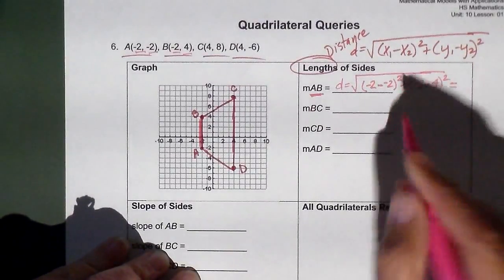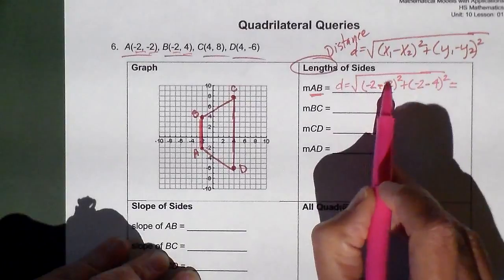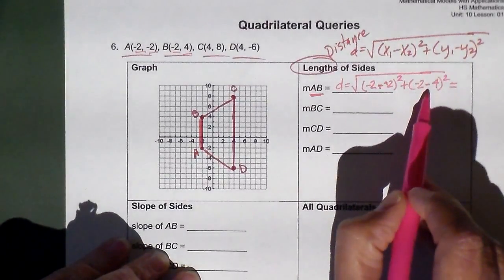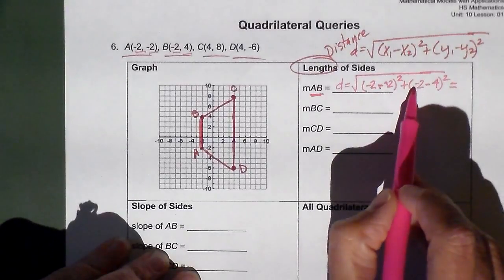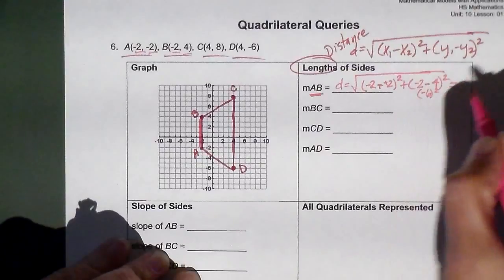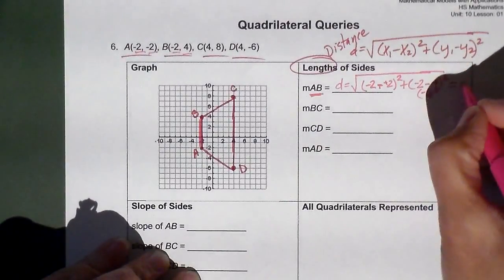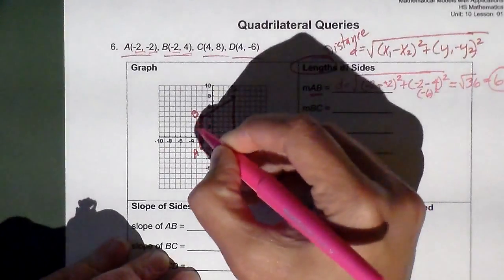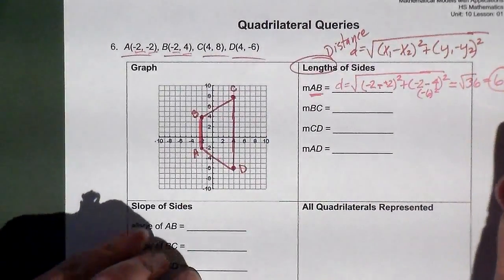The x part works out to 0, so 0 squared plus -2 minus 4, which gives you -6, and when you square that, you get 36. So it's the square root of 36, which is 6. AB has a length of 6.